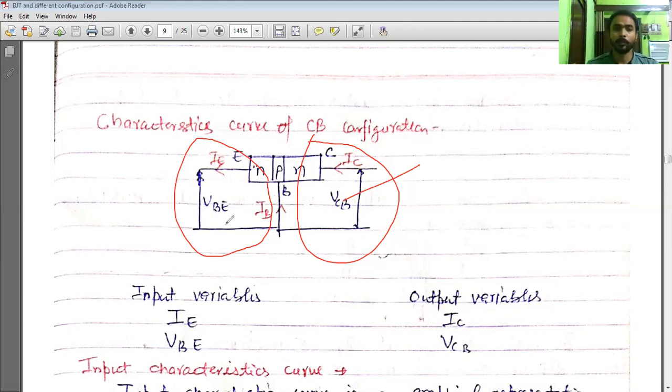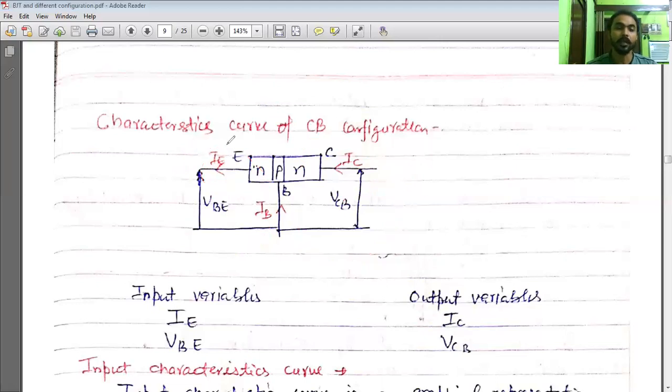Now, the input characteristic curve comes from this end only, IE and VBE, and these input variables belong to the forward bias. It means the input characteristic curve of the common base configuration should be similar to the forward bias characteristic of a diode.